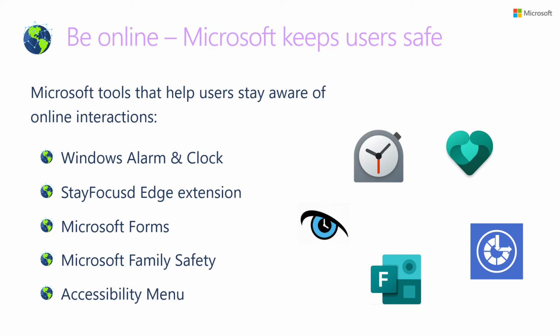So there are certain tools by Microsoft which act as a guiding principle, that how you can be online, how you can use the resources so that you can interact with people, you can gather the information, and that information should be valid. So these are 5 tools by Microsoft that help the users to stay aware of online interaction, that what is happening, how it will happen, and when it will happen.